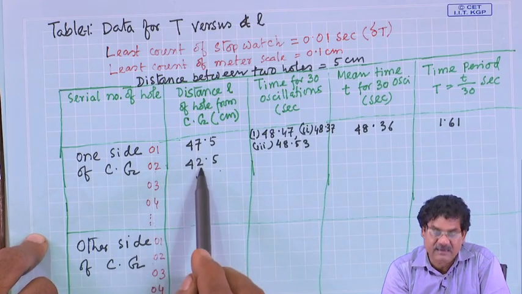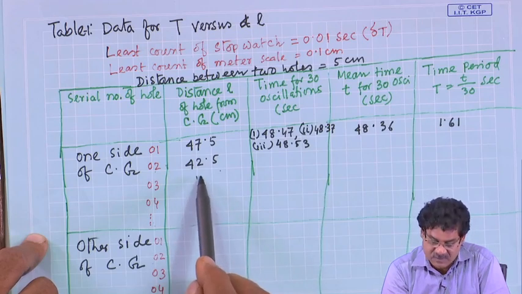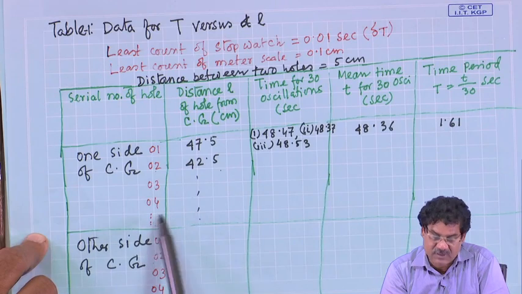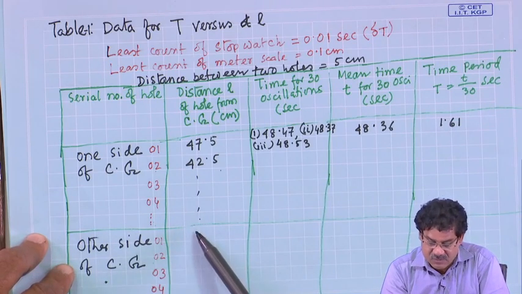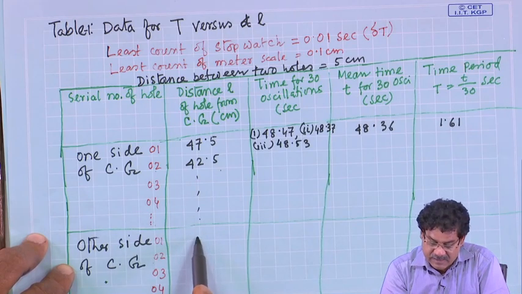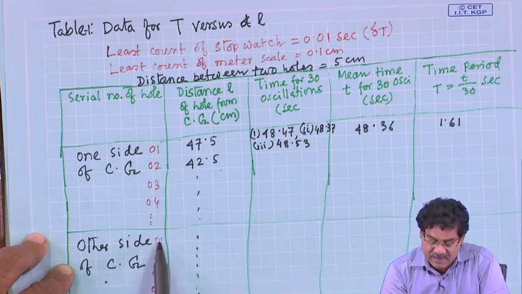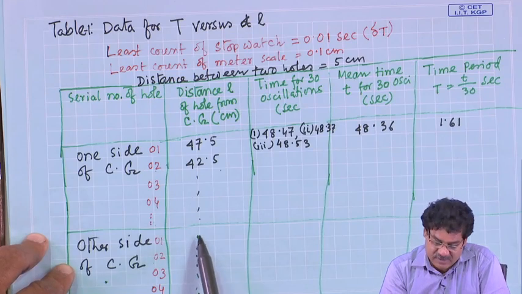The difference is 5, so the next one will be 37.5. You will go until close to the center of gravity, and then on the other side of the center of gravity, you should again do the experiment starting from the top end of the other side. Again that will be around 47.5 and then 42.5 etcetera.